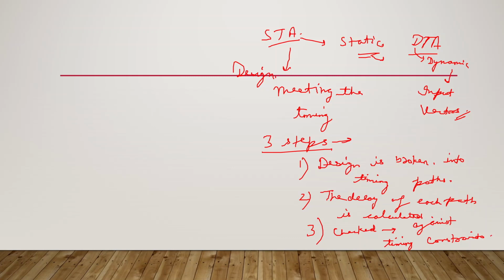We need to check whether these constraints are going to be met or not, which means if any violations are there, we need to check. And if there is any violation, then suggest the way to fix those violations. So we need to fix those violations. Do you understand what is the STA? Basically, it determines whether a circuit is meeting the timing constraint without dynamic simulation. So this is all about the STA.